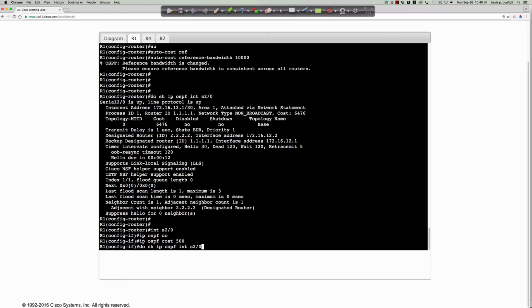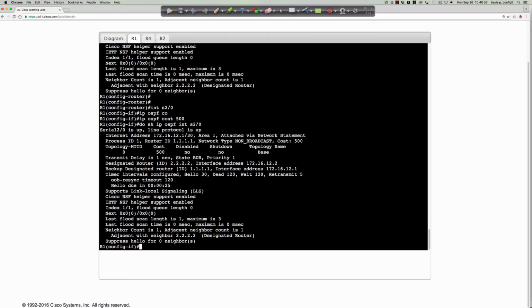It was 6746 before. Now the cost is 500. So it's not an additive thing. When we set the cost, you are overriding whatever the metric was calculated to be.